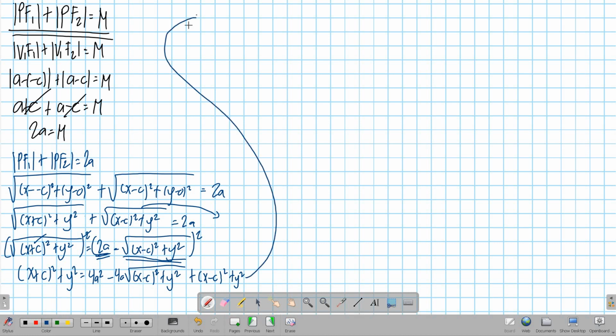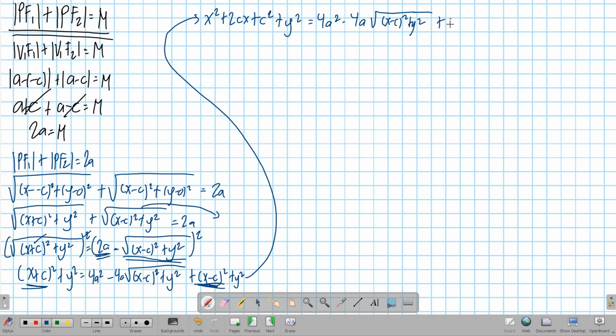So let's bring the computation here. We expand our squared binomials here, so this will become x squared plus 2cx plus c squared plus y squared is equal to 4a squared minus 4a. I'm not going to expand the one inside the radical, (x minus c) squared plus y squared, but I'm going to expand this.